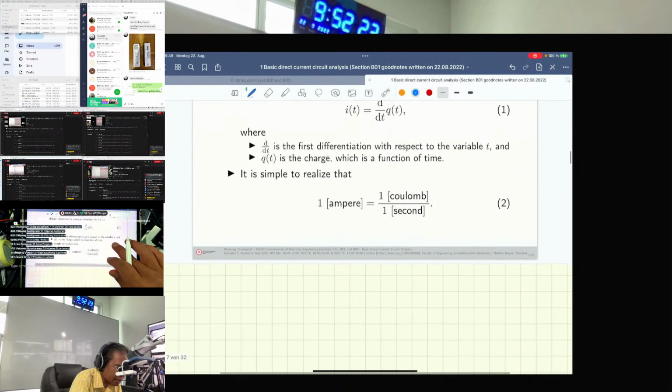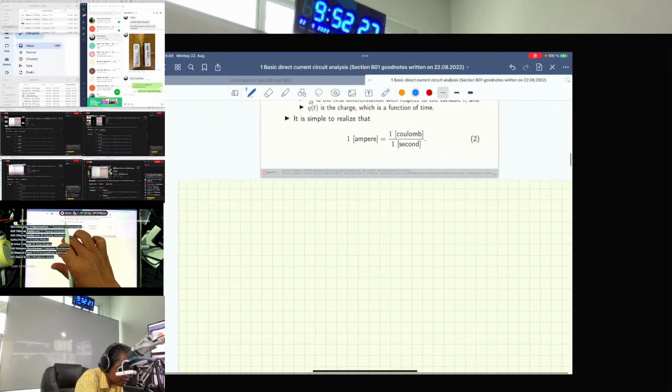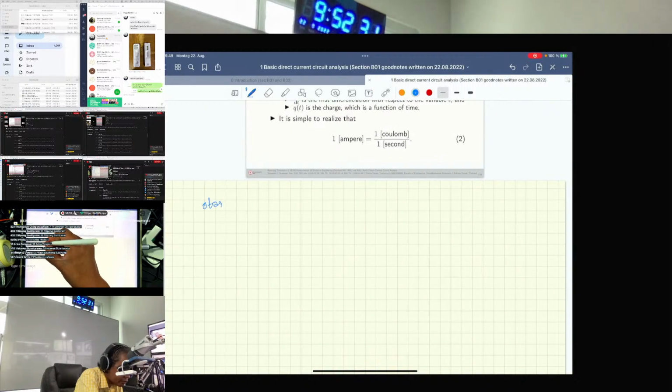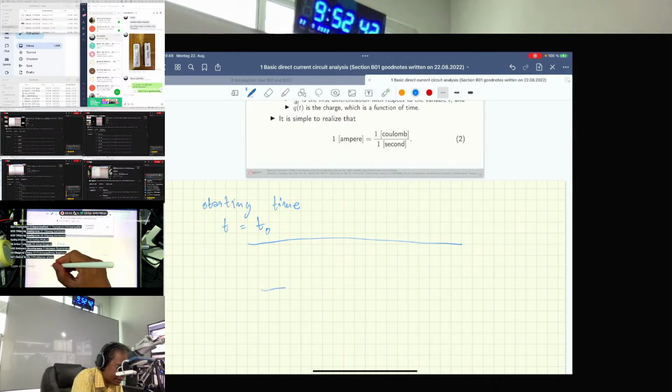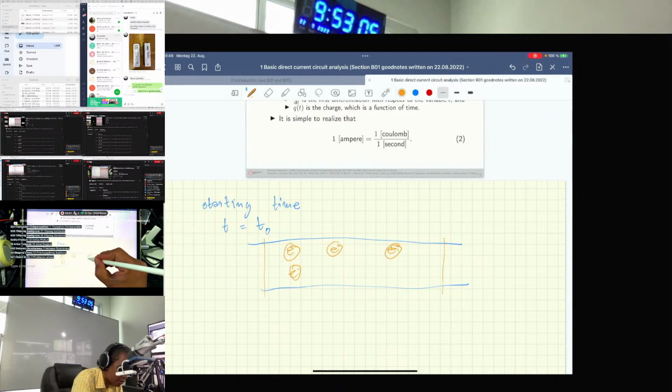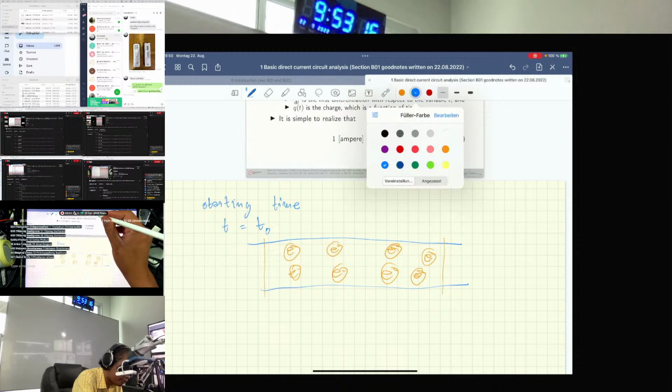At the exact time of the observation, t is going to be t0, and if you have a pipe like this, let's say we consider this area, from this to this, and here is the amount of charge, for example, electrons. And the electrons will try to move in this way.